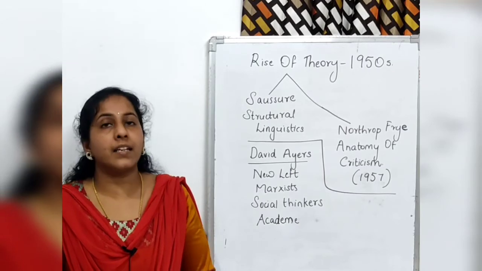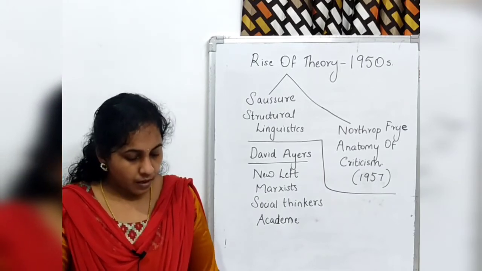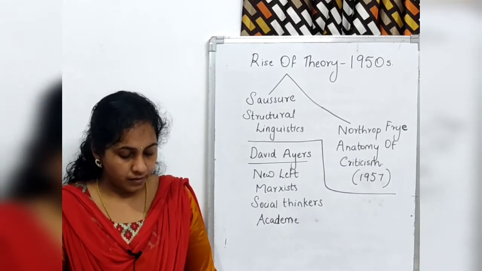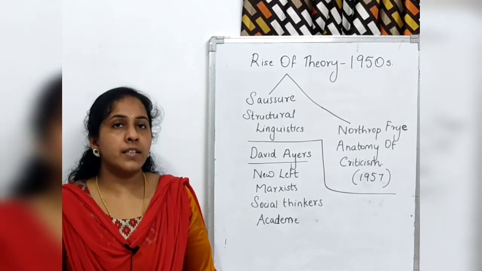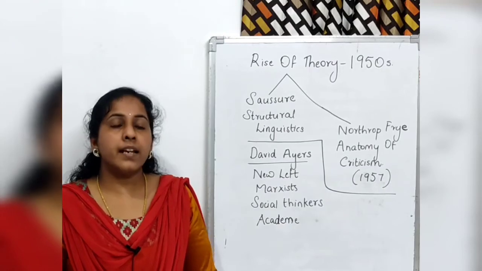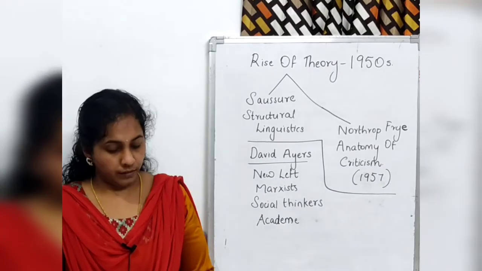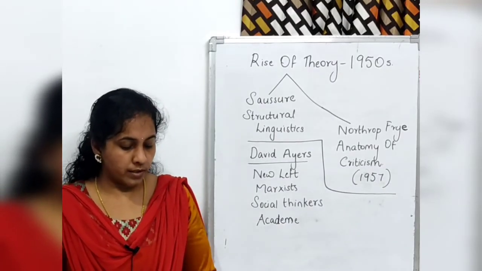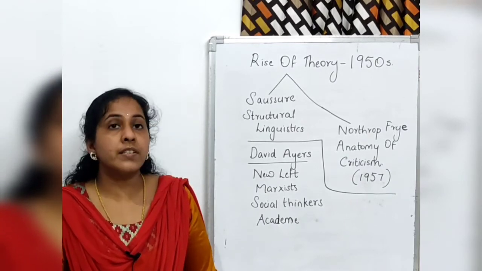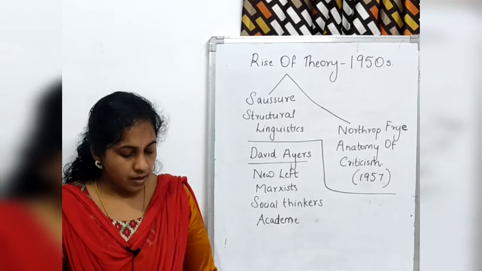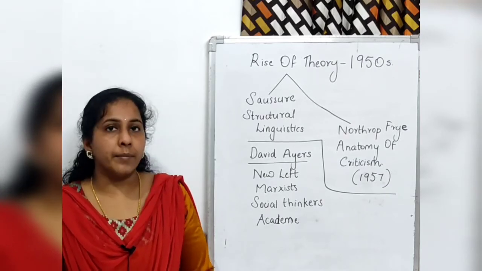Academe means the academic community. So David Ayers connects the advent of the theory with the post-war political developments in England and America, and it was mainly the New Left comprising Marxist, socialist thinkers and the academic community.